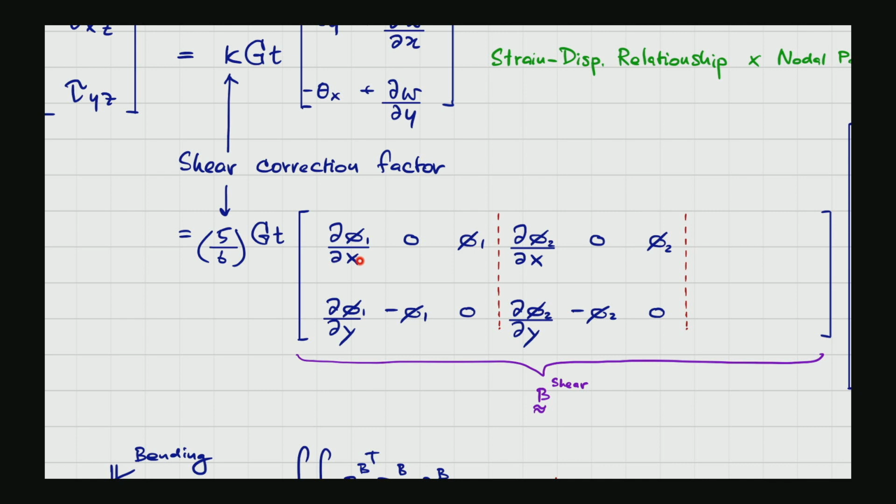Before, in the plane code, we need only the derivative of shape function, but now we need the shape function itself also. So we need to evaluate the shape function at the C I and eta I as well. So we need to call the function for the shape functions evaluations as well.